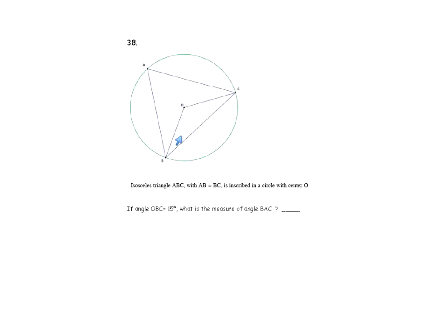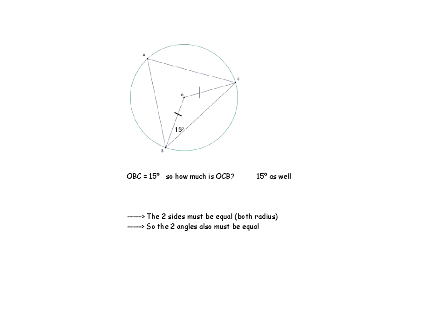But first of all, we're going to deal with the small triangle, and that will help us to find this angle here. So far we know that this angle here is 15 degrees. And let's see where that gets us. Well, in this small triangle, we know that this here is a radius because it goes from the center of the circle. But this side also has to be a radius because it also goes to the center of the circle.